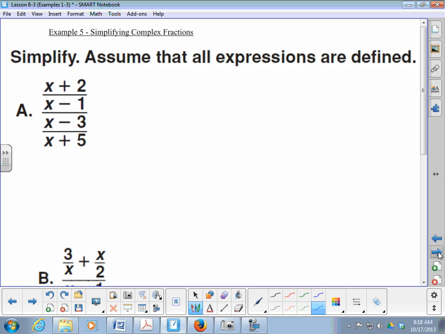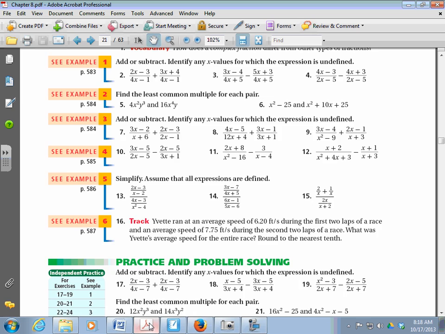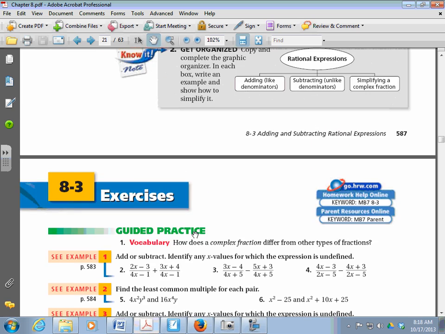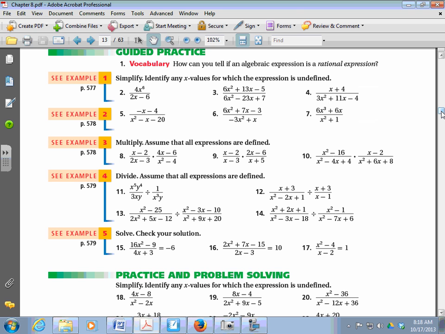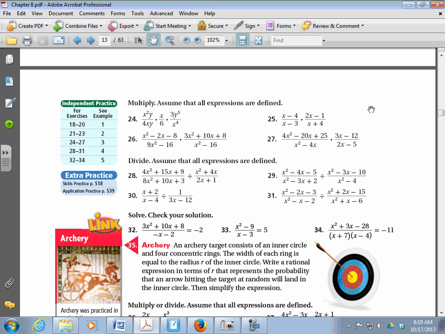Because this problem here is the same as number 12, or number 13, or number 14. Or it's the same as number 30, 29. Okay?